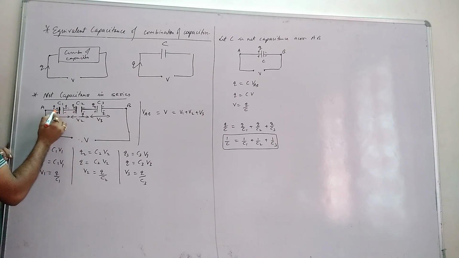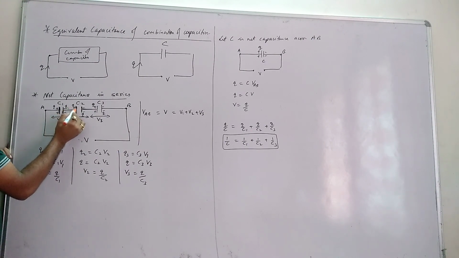That means a similar amount of electrons will go to this side and this plate becomes minus Q. Since this has plus Q, this has induced minus Q, and these minus charges have come from the other plate.